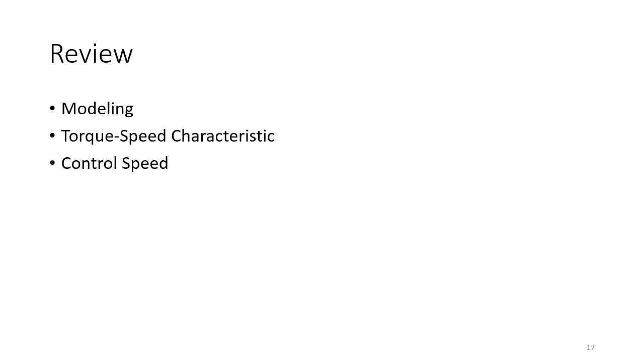We used one of the simplified gamma models to derive the torque equation and find the speed torque characteristic. Based on that, we also discussed the speed control techniques that have been very conventional and used for a long time for induction machines. With this, this part of the course will finish.